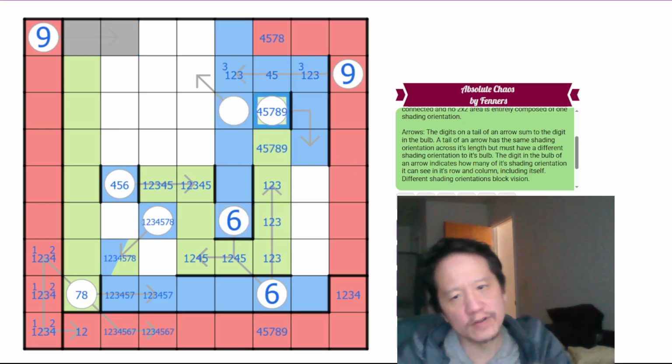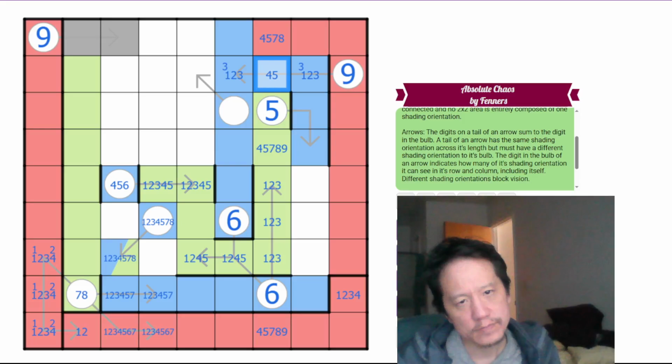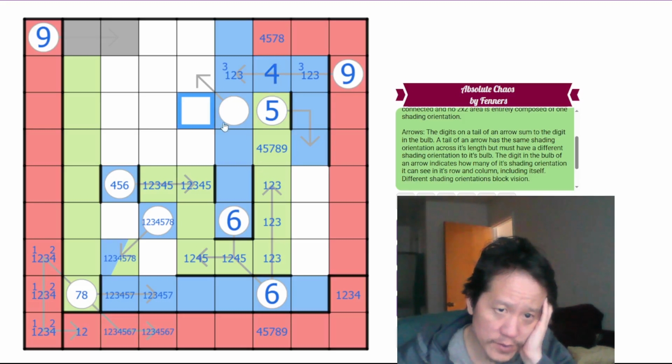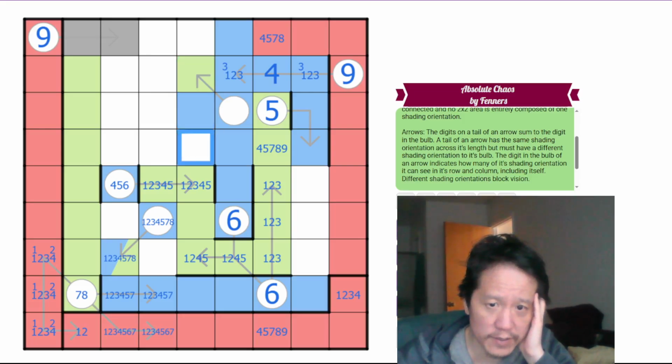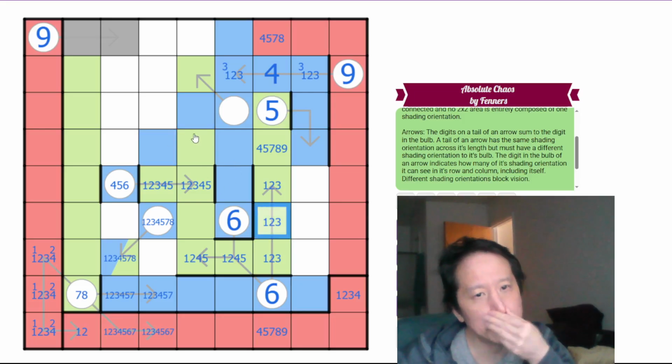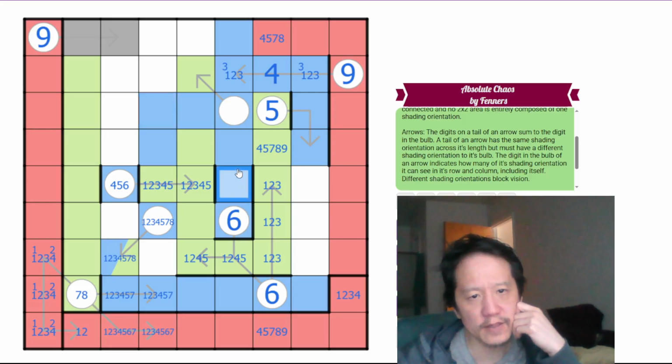This would be 5 then, which would force that to be 4. This would definitely have to be blue, which would force this to be green, this to be green, which would make this blue. So this would have to connect that way.